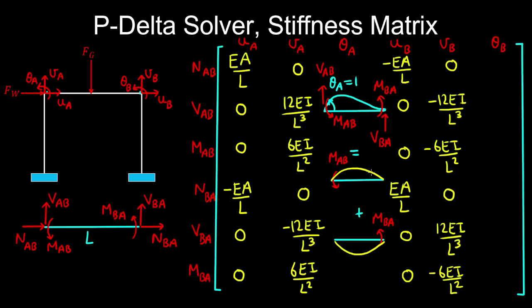So at node B, we have some rotation, which we'll call theta dash, and in this configuration, this rotation must be equal and opposite to get a fixed support at node B. And now we can apply the unit load method to find the rotation at B.